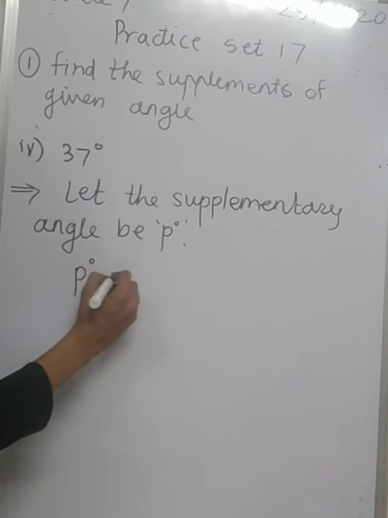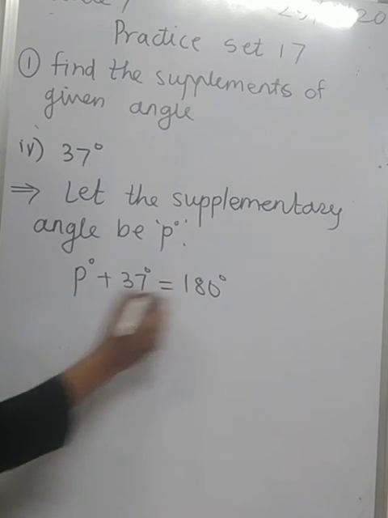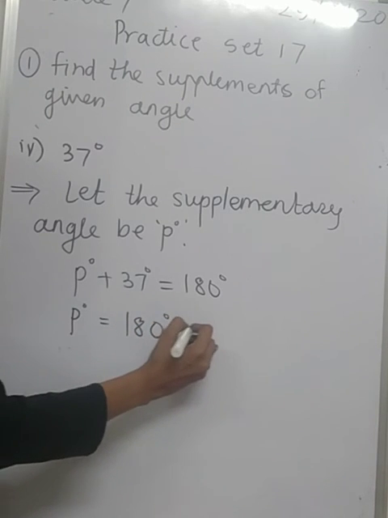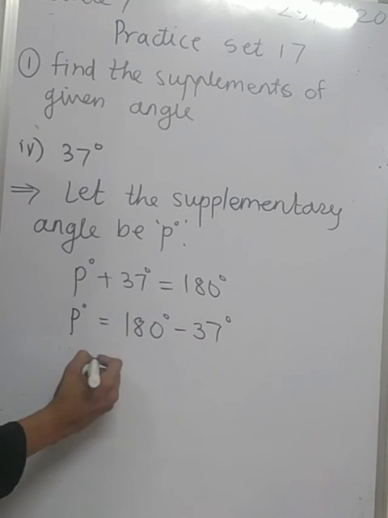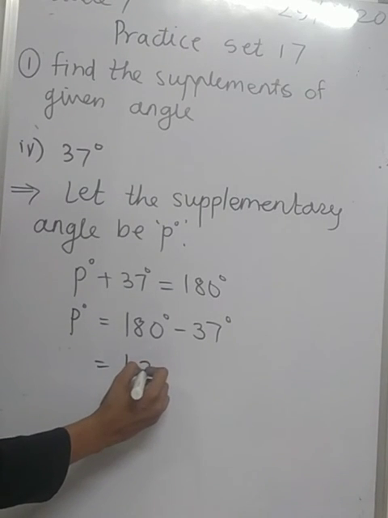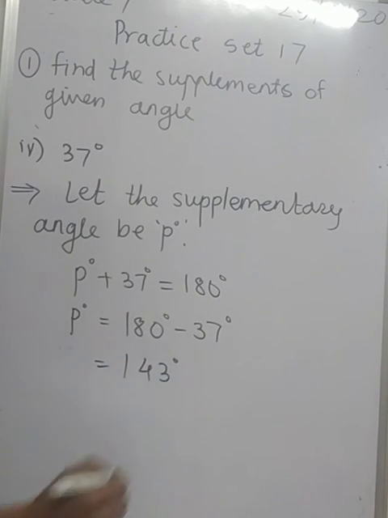So P degrees plus 37 degrees should be equal to 180 degrees. So P degrees will be equal to 180 degrees minus 37. So this will be equal to what? 143 degrees.